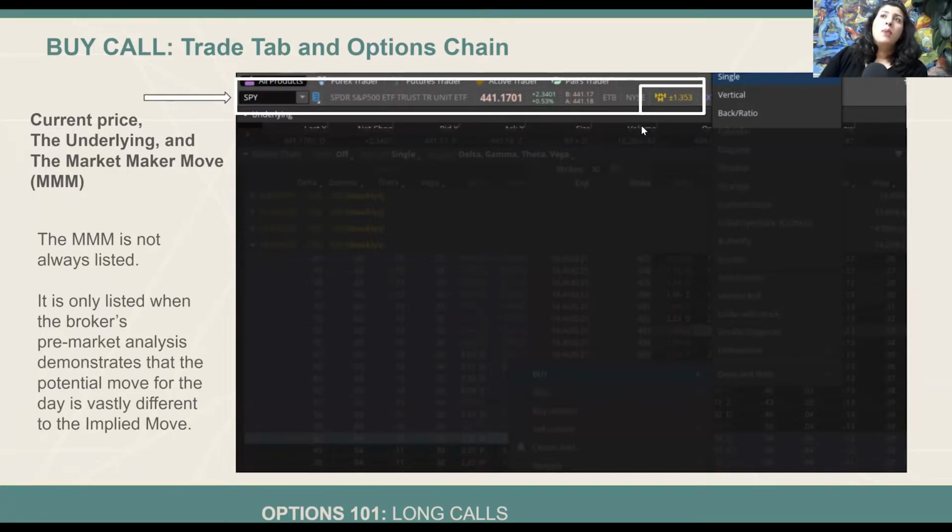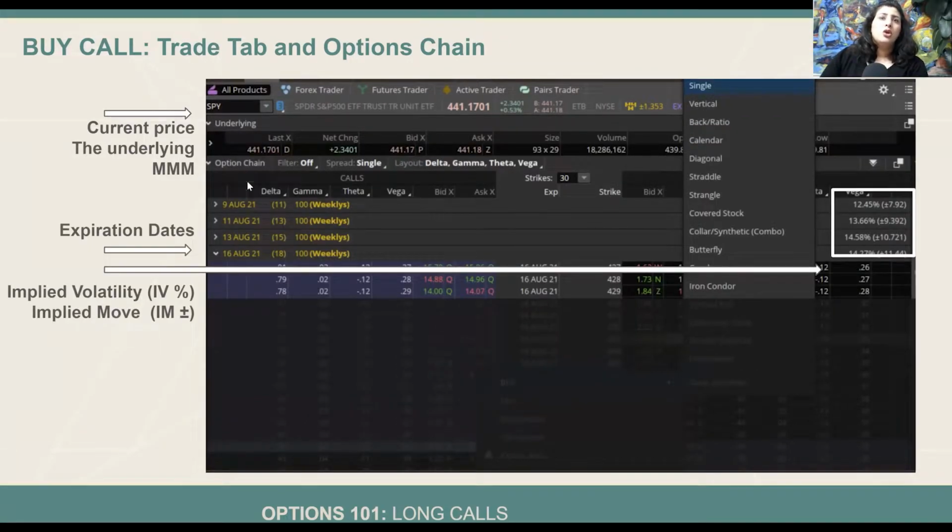They will post that if it is different than the implied volatility and implied move on the option chain itself. So you will look at the different expiration dates and check what the implied move is. And this is where you determine if you are being honest with yourself about how much you believe the underlying is going to move within the amount of time that you have paid for.